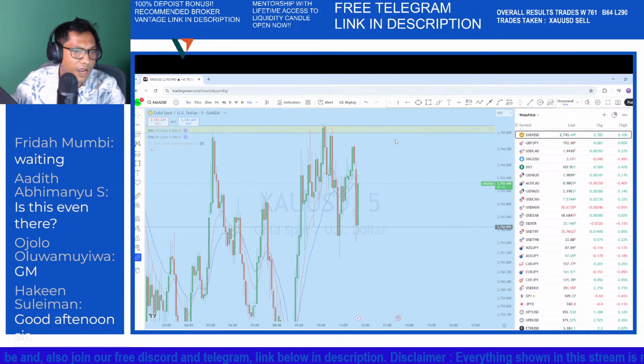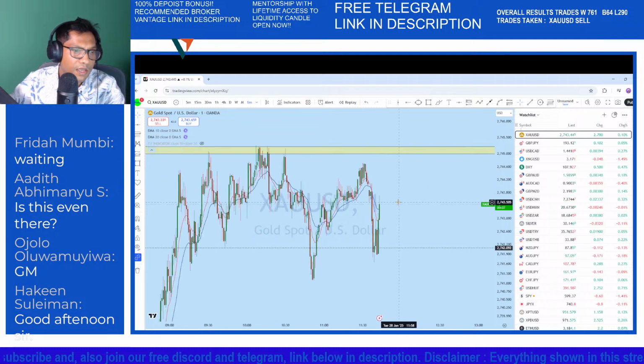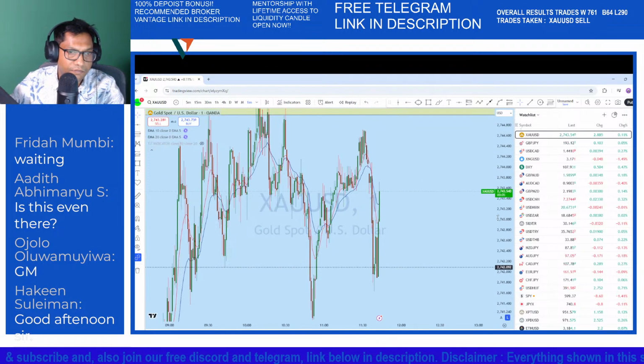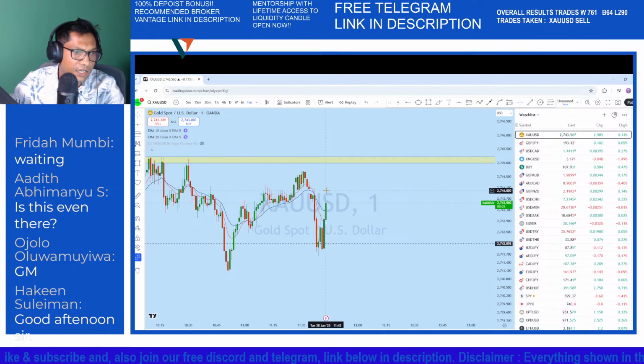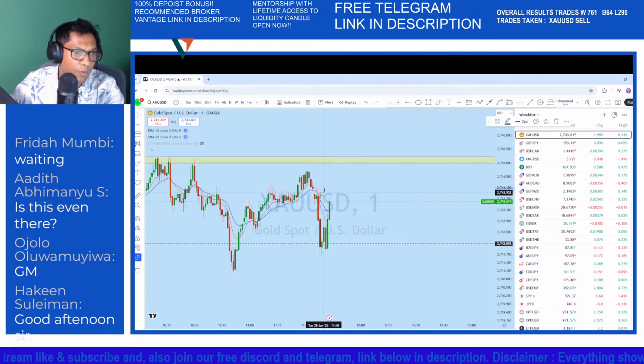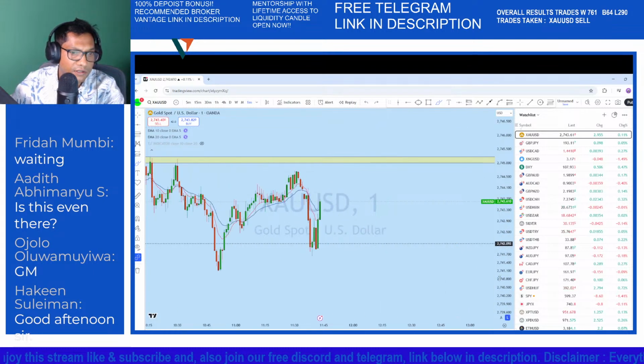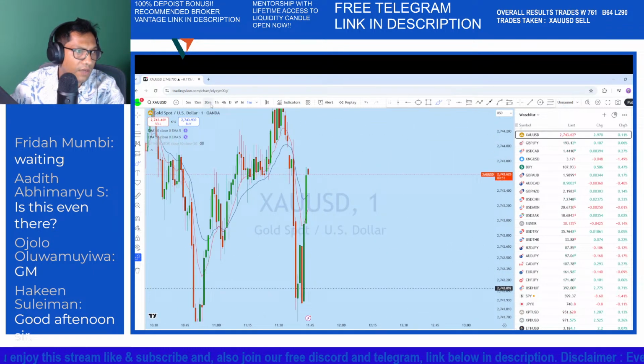If we look at the 1-minute chart, you can see there's a gap open in that area, and with that gap open, a big drop and sideways movement, I am expecting the market to come back here to the support level.